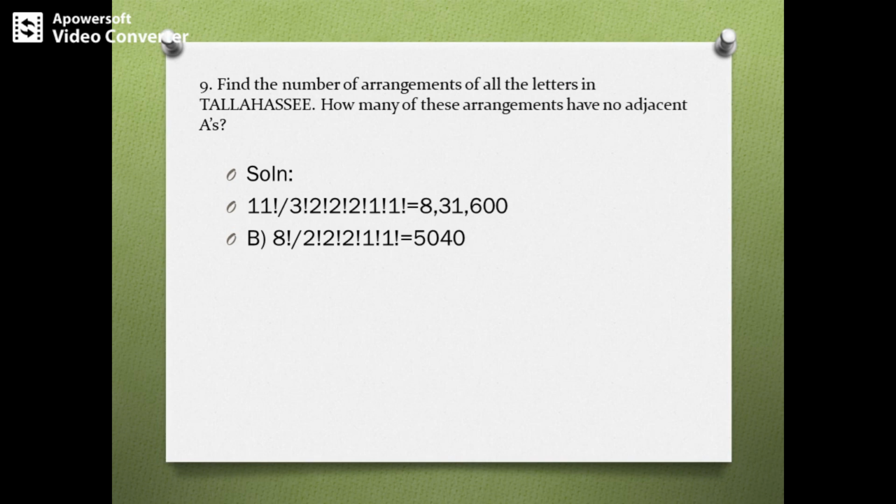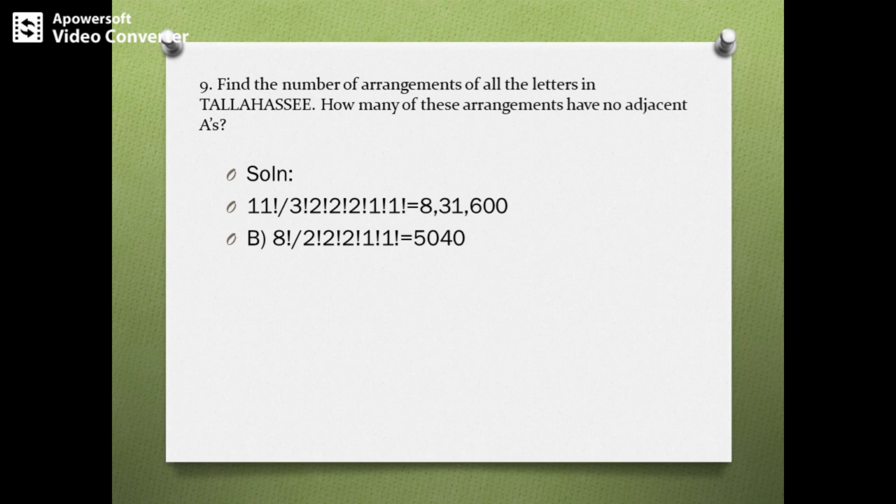Here L, S, and E are repeated twice, so we write 2 factorial thrice, and T and H are repeated just once, so 1 factorial into 1 factorial, which is nothing but 5040.